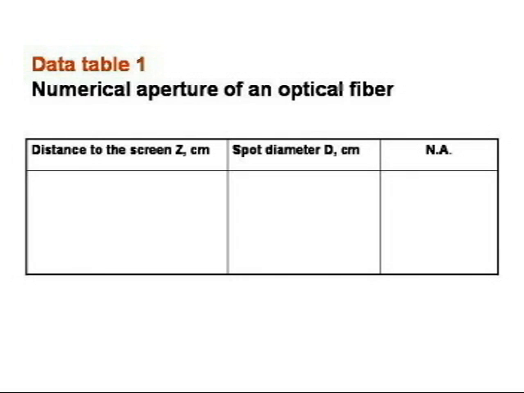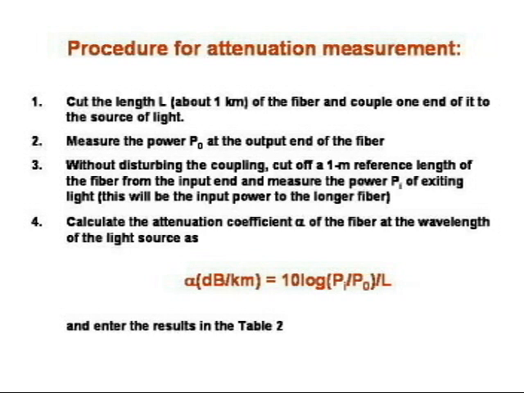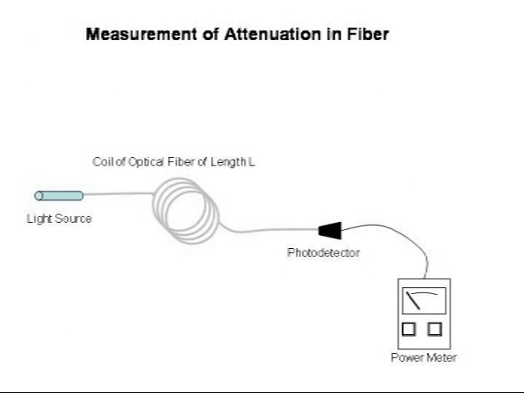Our second experiment is a measurement of an attenuation coefficient of an optical fiber, and the attenuation coefficient is measured in units that are called decibels. You can see a figure that shows the assembly for measurement of attenuation in fiber.